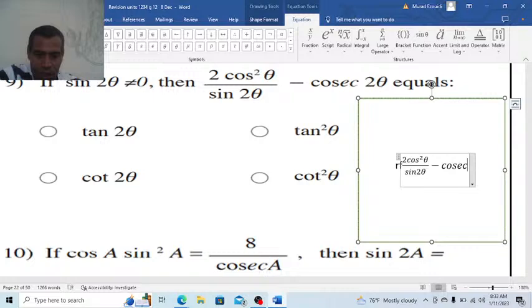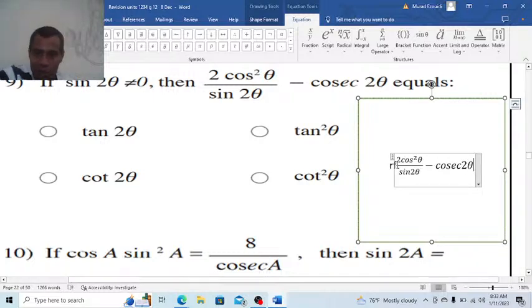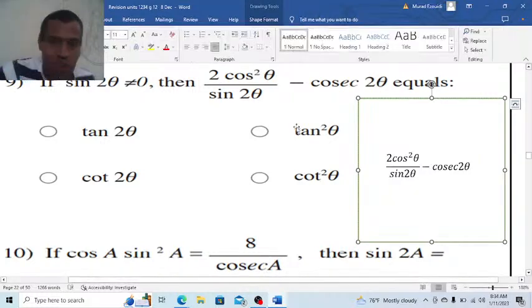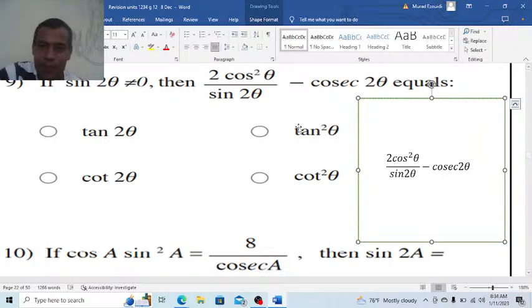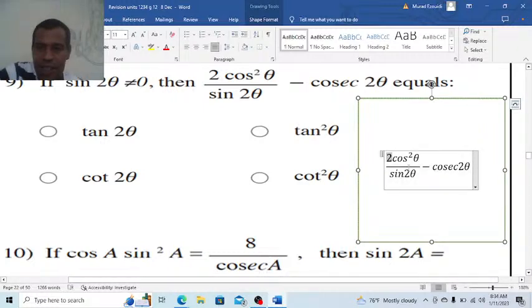Now this is the question. I'm going to simplify it and figure out the correct answer, rather than guess or predict it in the final exam. Therefore, learners, these are my trig functions.